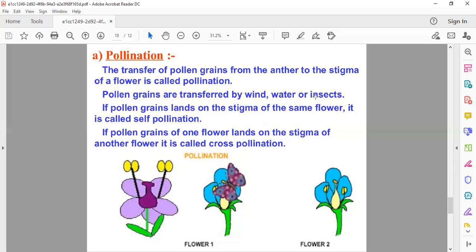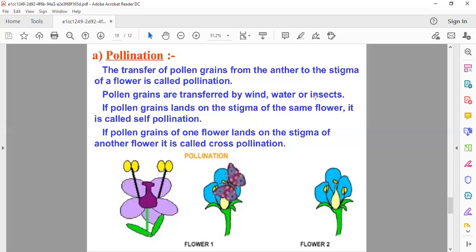If the pollen grains from the anther move to the stigma of the same flower, here we are talking about the same flower, then it is known as self pollination. On the other hand, if pollen grains of one flower land on the stigma of another flower, then it is known as cross pollination.